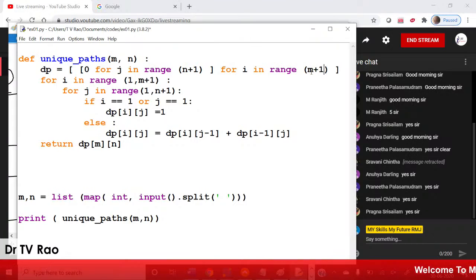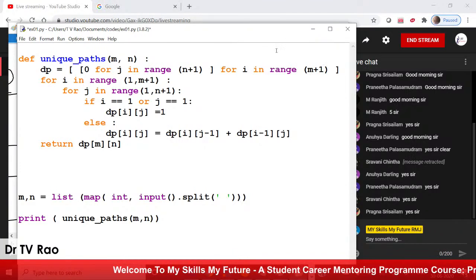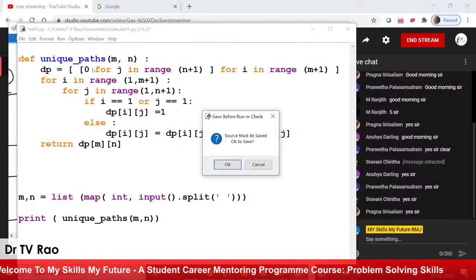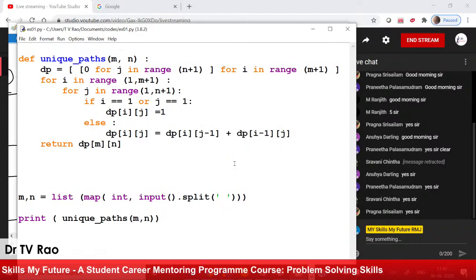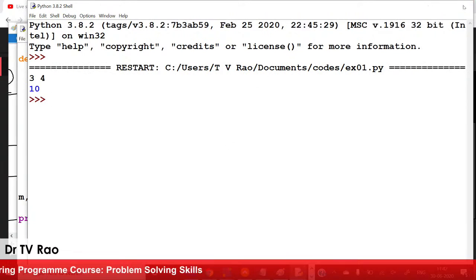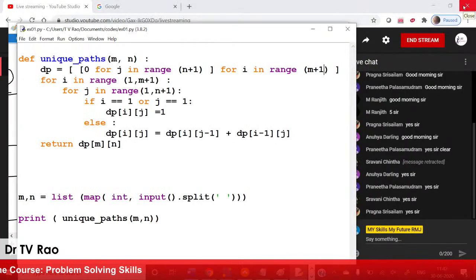So we are leaving 0th row and 0th column. Now we move from 1 to m and 1 to n. This is very close to real world. Say 3 rows and 4 columns. Hope you understand it.